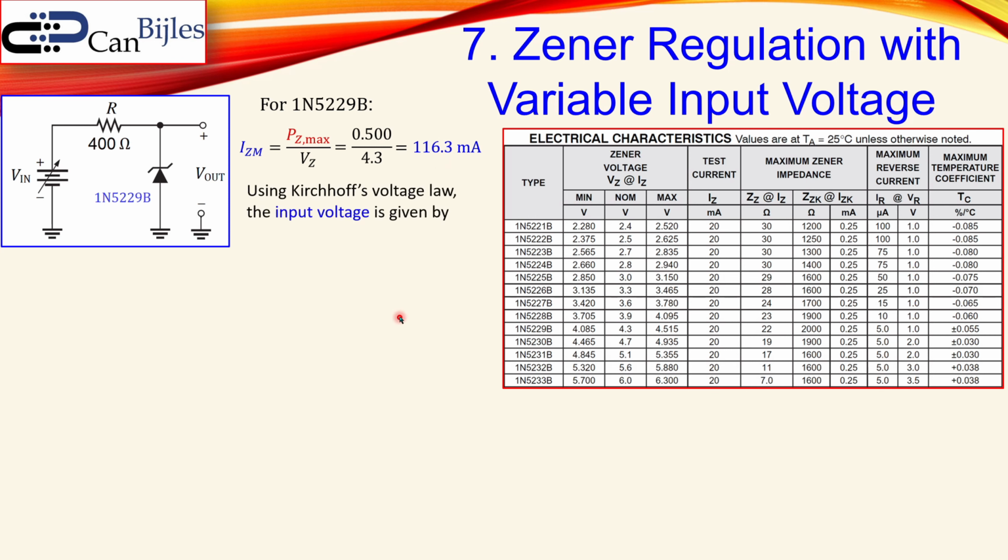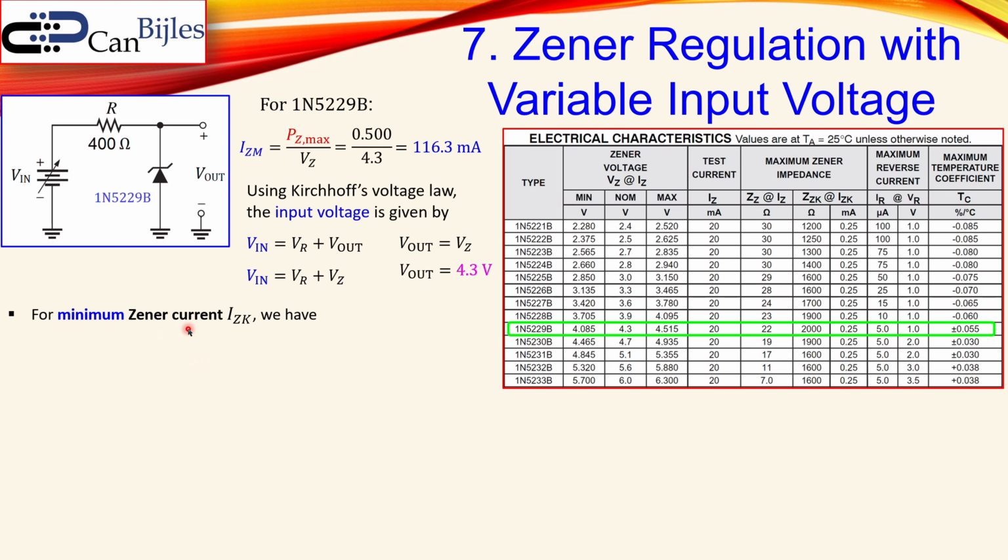Now using Kirchhoff's current law at the input, we can say the input voltage is, for this case, Vin is equal to VR plus Vout. But Vout is now VZ. If I just ignore, let's say, the impedance of the Zener diode, and now it's 4.3 because it's shown here, then I can say Vin is equal to VR plus VZ.